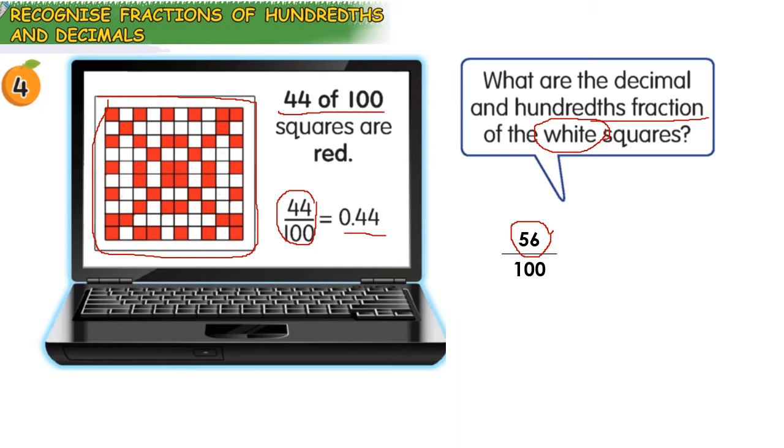If we want to change it to decimal, it is 0.56. So the red squares are 44 over 100, or 44 hundredths. The white squares are 56 over 100, or 56 hundredths.